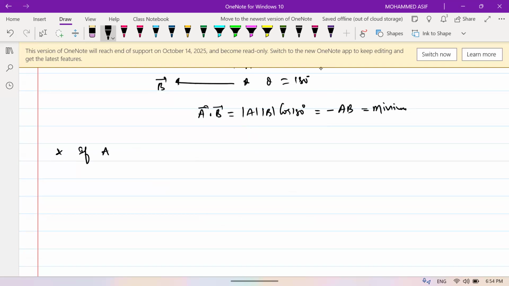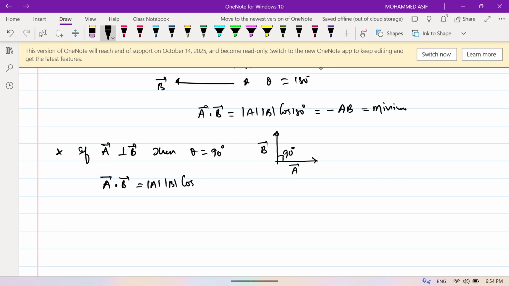If A bar is perpendicular to B bar, that means theta is equal to how much? 90 degrees. This is the vector A bar and this is the vector B bar. Angle between them is 90. If A bar and B bar are perpendicular to each other, A bar dot B bar is equal to mod A mod B into cos 90.